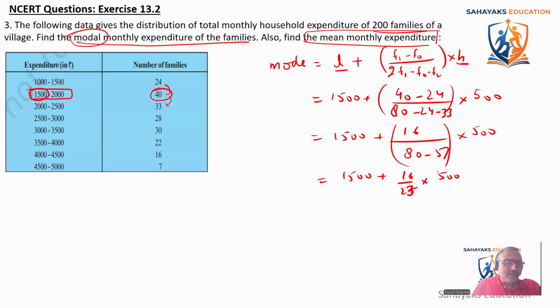Let's find it out. 16 into 500 divided by 23 comes out to 347.8. 1500 plus 347.8 comes out to be 1847.8. This is the modal monthly expenditure.